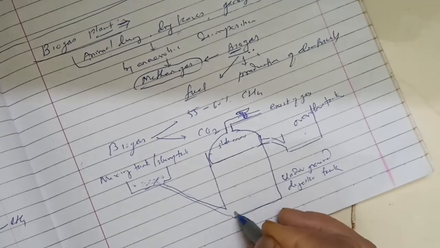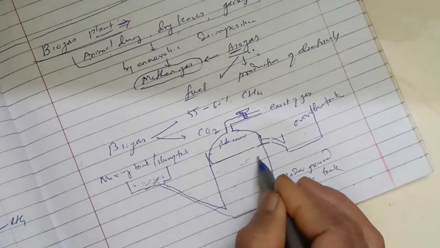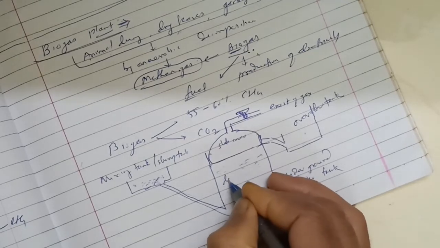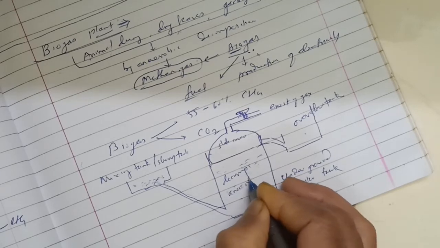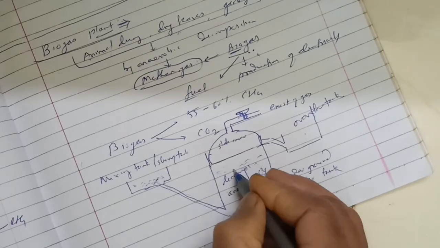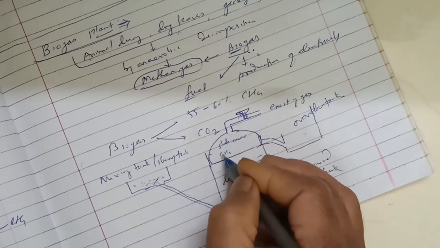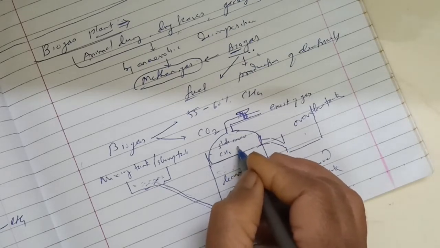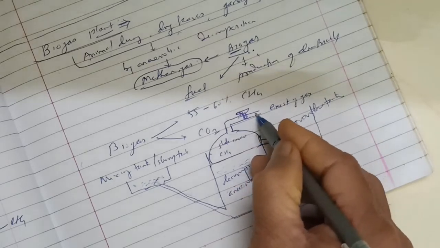In this underground tank, this slurry is decomposed anaerobically so that gas is produced. The gas is methane gas. This methane gas is collected in the empty space, and then through these pipes wherever we require.